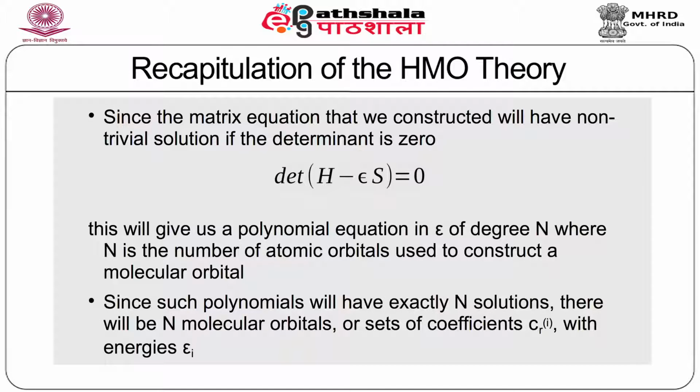This will give us a polynomial equation in E of degree n, where n is the number of atomic orbitals used to construct a molecular orbital. Since such polynomials will have exactly n solutions, there will be n molecular orbitals or sets of coefficients C_ri with energies E_i.